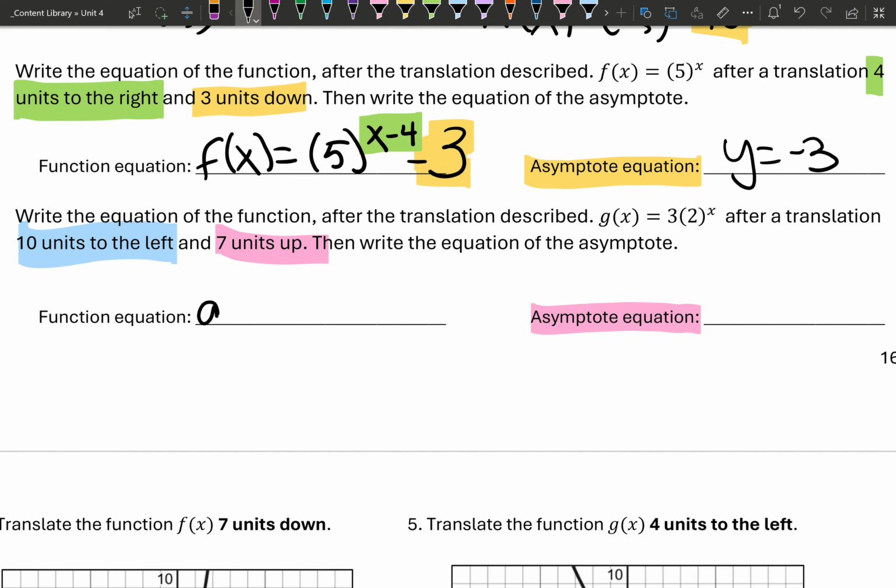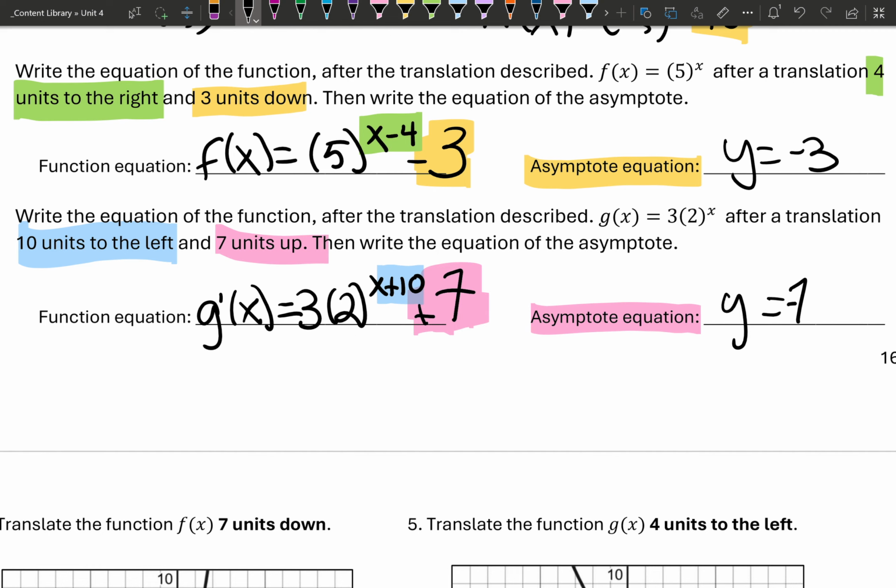All right, so g prime of x equals 3 times 2 to the power of x plus 10 up in the exponent because that's a movement to the left, and then plus 7 on the outside because that's 7 up. Our asymptote is going to be y equals 7 because it moves up with the function.